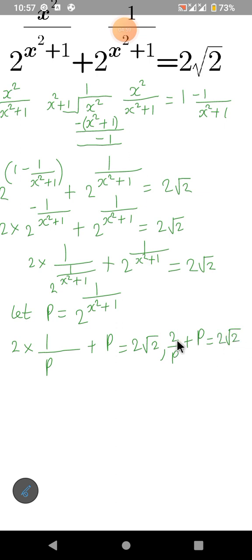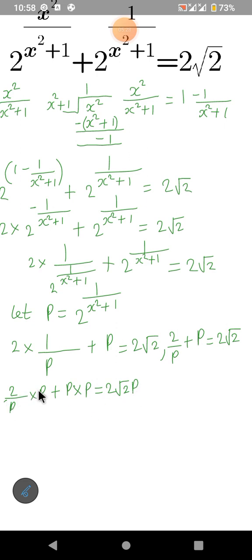Now, my next step will be to multiply every component of this equation with what? p. So write 2 all over p multiplied by p, plus p multiplied by p, equal to 2 root 2 multiplied by p also.